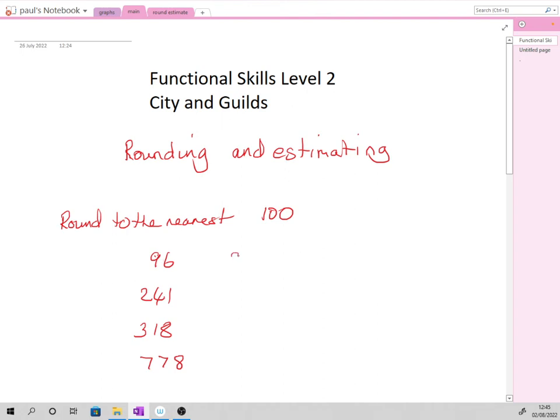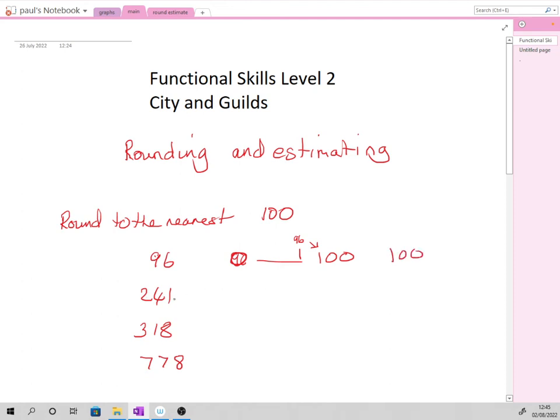You'd think, well, 96, I've got 90 at that, or to the nearest 100, so it's not rounded to the 10. So I'd have nothing at that end, and I'd have 100 there, and then my 96 would be in there, so it's quite close to the 100. So that would be rounded up to 100.